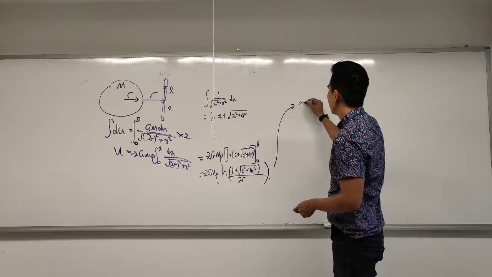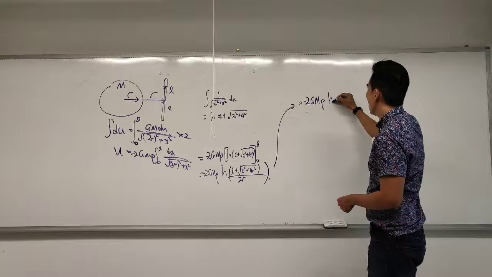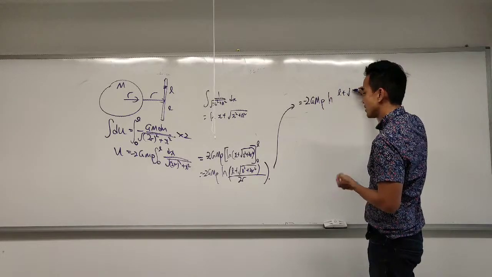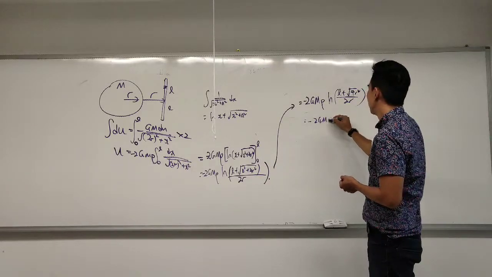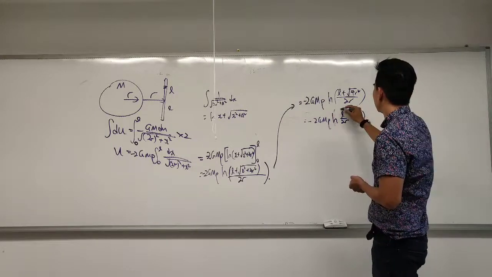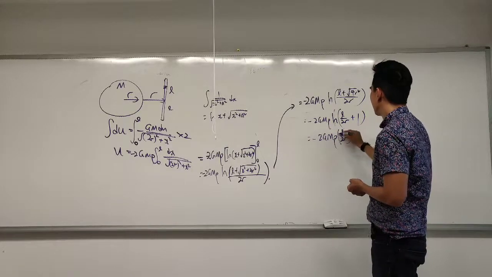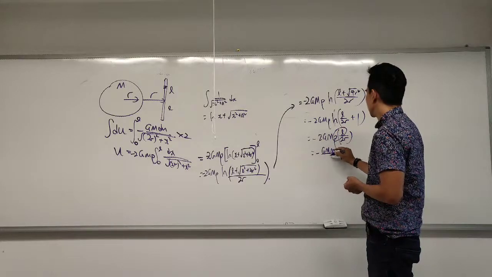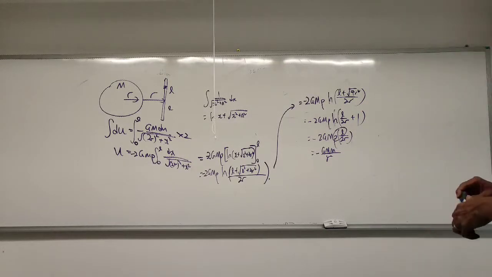So this one will become equal to minus 2Gm rho ln of, if L goes to approximately 0, you will have L squared, basically 0, divided by 2r, which is equal to minus Gm rho ln of L upon 2r plus 1, which goes back to the formula that we are familiar with, L upon 2r. Rho L becomes mass, and you get GMm upon r. Yeah? So it's the same formula that we went through just now.